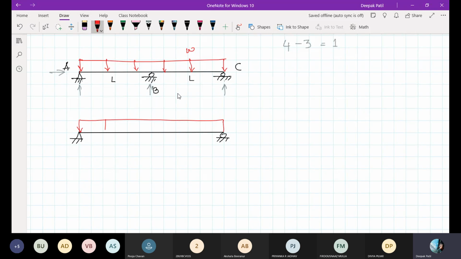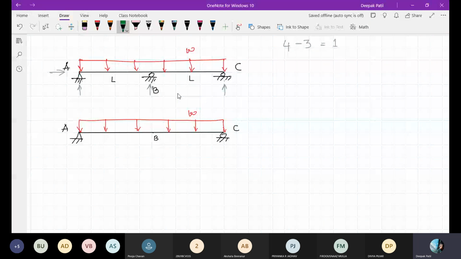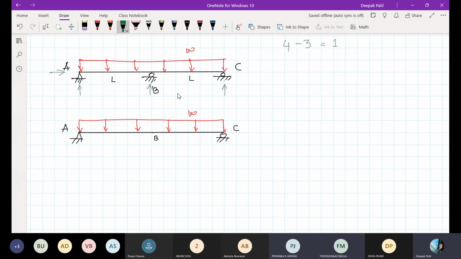The load which was there earlier, I will keep as it is. The only difference is I have removed the roller support at B. So this is your point A, this is your point B, and this is your point C. Now the structure is determinate. Do you agree? Yes, sir.